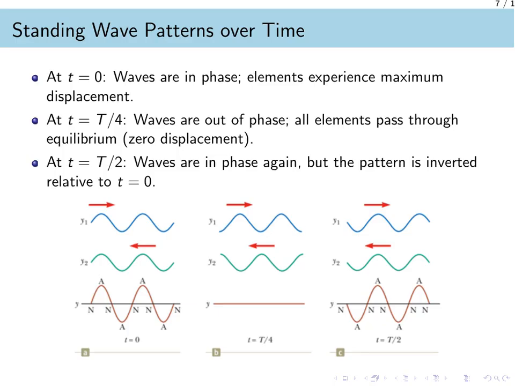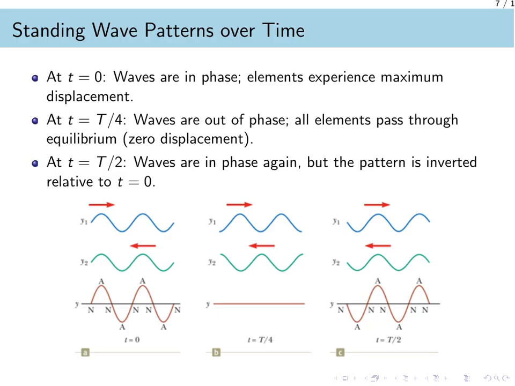The appearance of a standing wave changes significantly throughout one full period of oscillation, denoted as capital T. At time t equals 0, the two constituent traveling waves are in phase, resulting in maximum displacement for the elements of the medium. At time t equals 1/4 of the period, the waves have moved in such a way that they are completely out of phase.